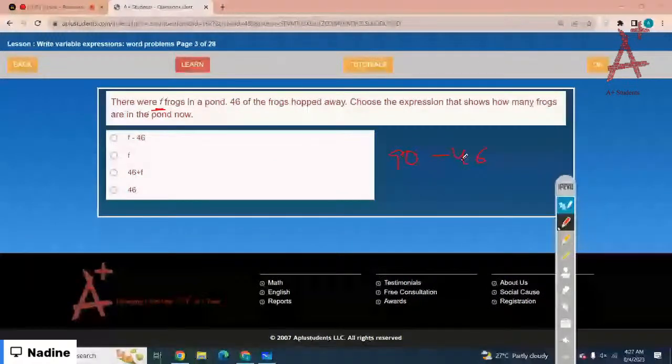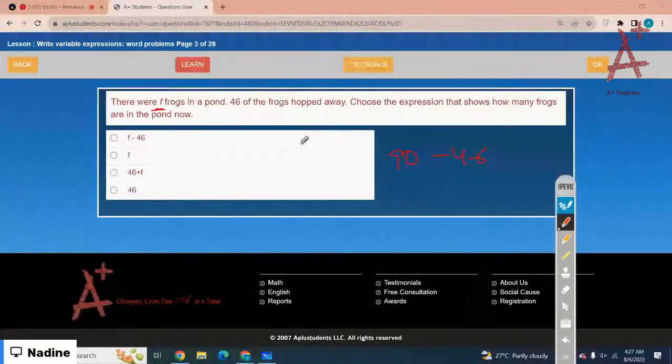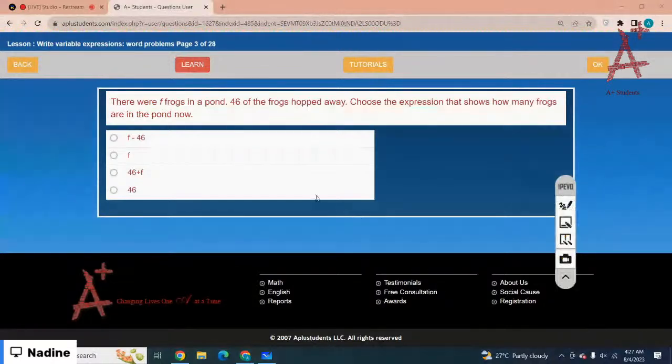You have to calculate how many frogs are in the pond now. So earlier there were 90, now there are 90 minus 46. 90 is just an example. It would be F minus 46, right? The correct option is F minus 46. Option number 1 is the correct option.